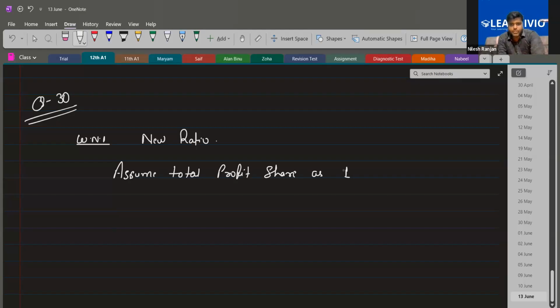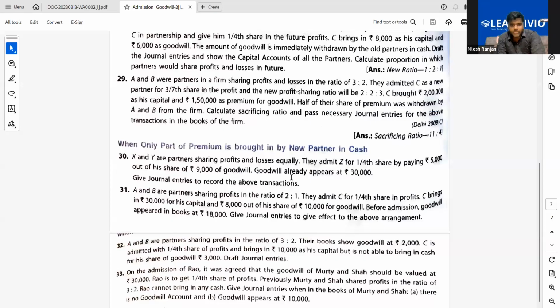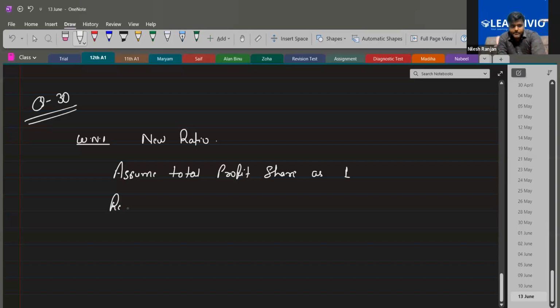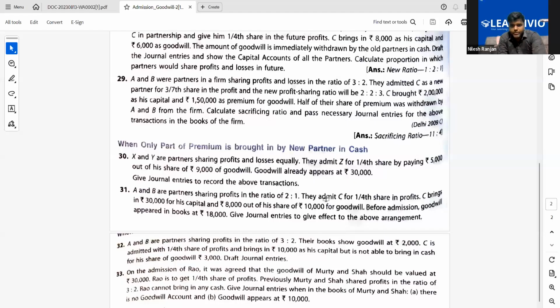The remaining share for X and Y will be, Z is getting 1/4.